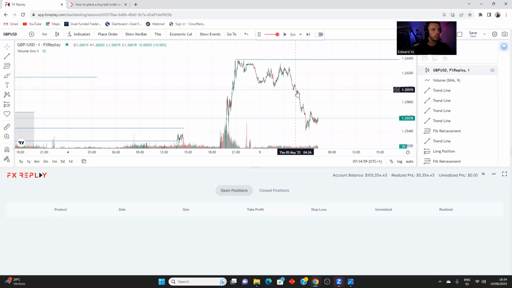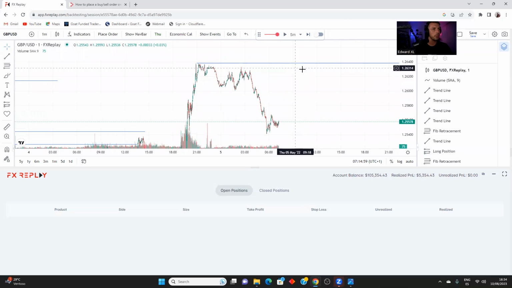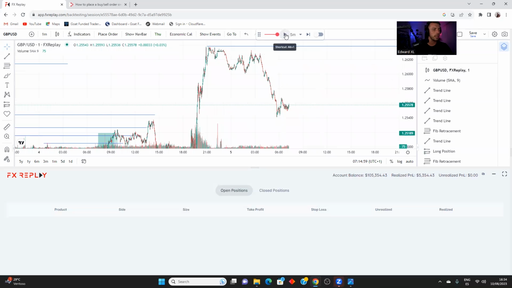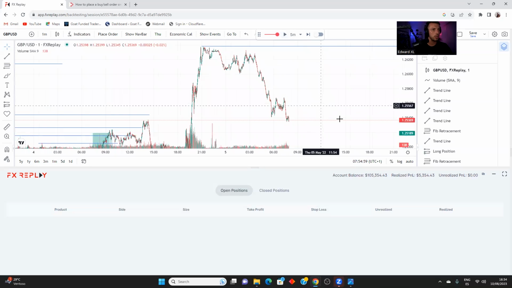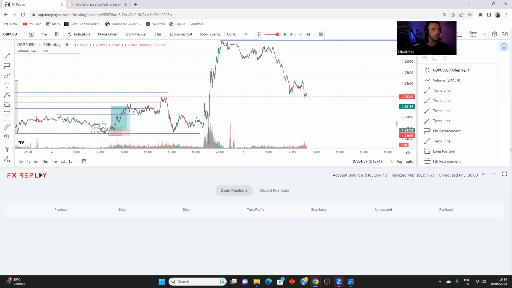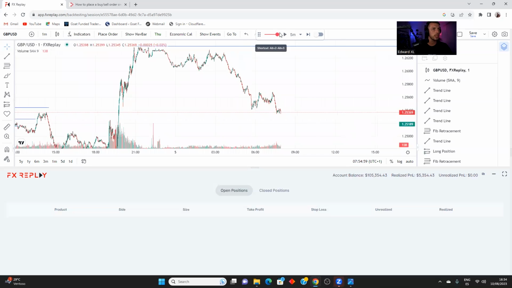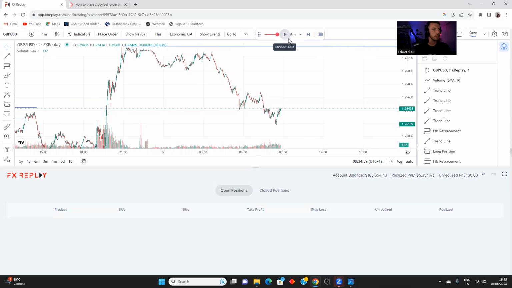So Asian range is trending to the downside. The London session starts. I will either look for sales above this, or let's see if I can grasp a fake change of character along the way. And for fake change of character, I mean anything that doesn't grab liquidity and gives a fake confirmation. So let's see if that is actually the case.